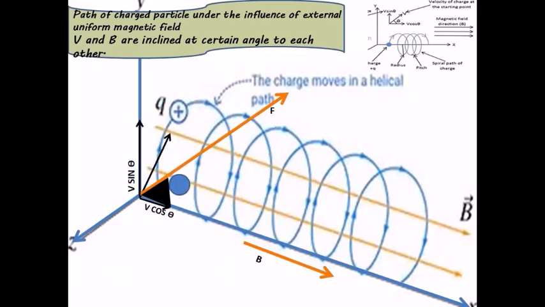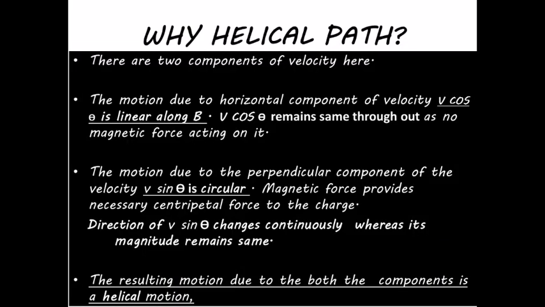The v cos theta component is along the magnetic field and will provide a linear motion to the charged particle. There is no force acting on this v cos theta component, so v cos theta remains the same throughout.